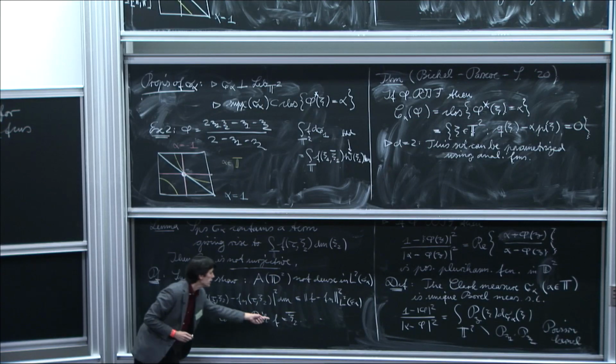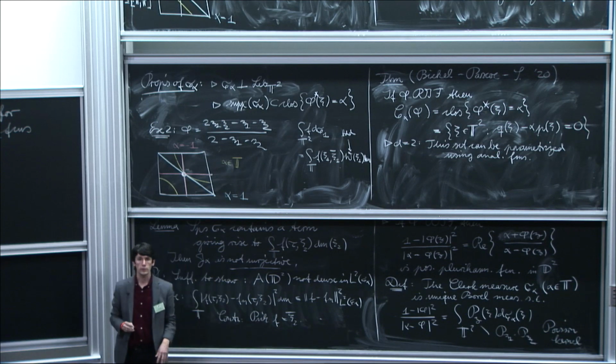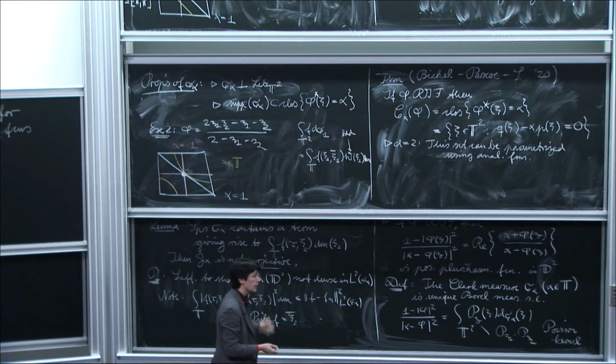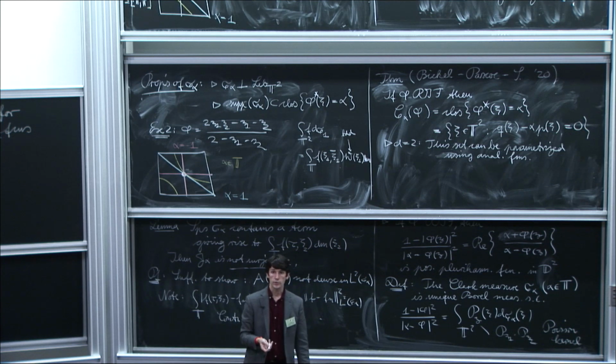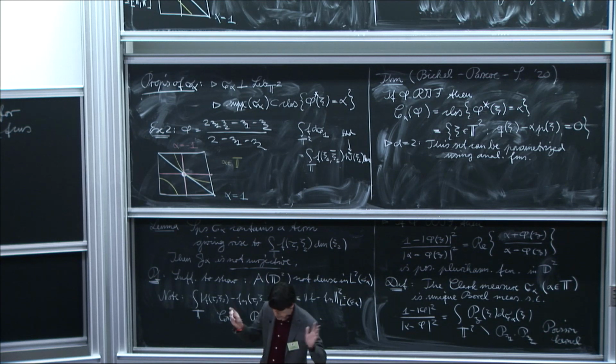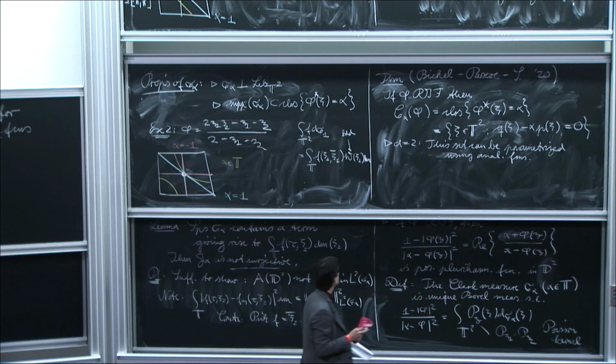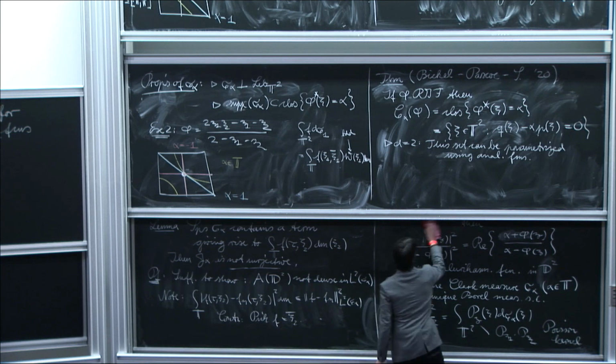This is clearly an element of L2 with respect to this measure, but it cannot be approximated in the L2 sense by elements of the bidisk algebra. Okay? So now I'm going to state our positive theorem, and then we're going to explore the ramifications of that result.